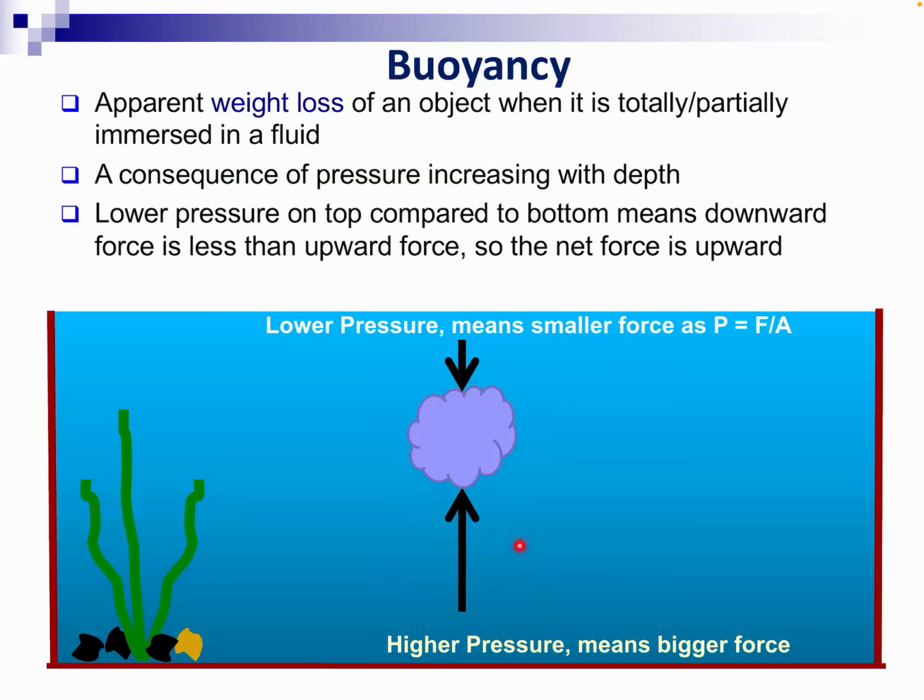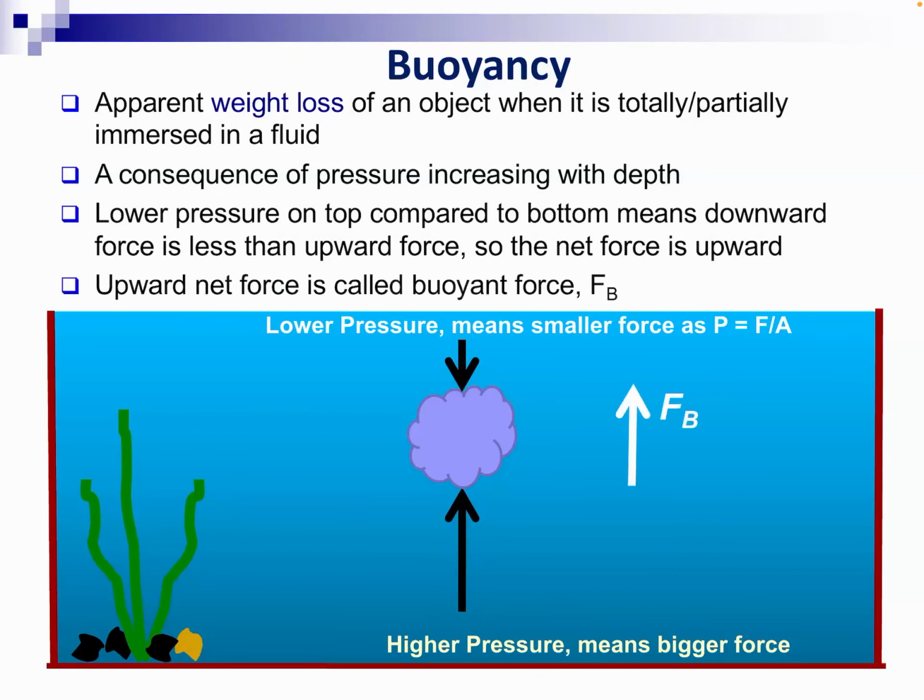Okay, so higher pressure below the object due to the deeper depth of water will create this larger force below the object. So we have these two forces, one downward and one upward. The net force will therefore be upwards, and that net force is what we call the buoyant force, FB.